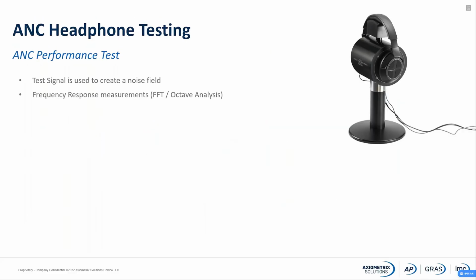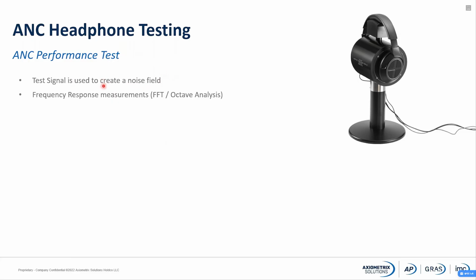So let's talk about the ANC headphone testing performance itself. So what are the steps for getting the result of the ANC test? First of all, we need to select the type of signal we want to use. And this signal is going to be used to create a noise field.